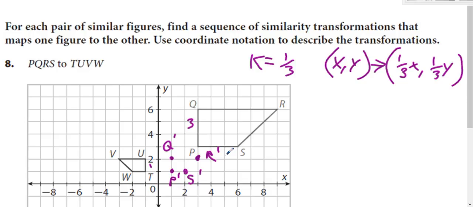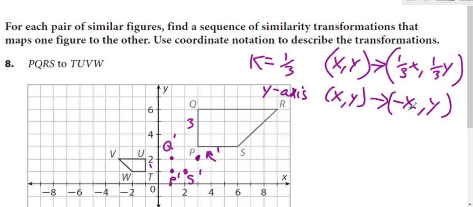So it looks like we're right on track. We just have to reflect it over the y-axis to make everything flip over. So the rule for y-axis is negative x, y, and then Q would match up, P would match up, S would match up, and R would match up.